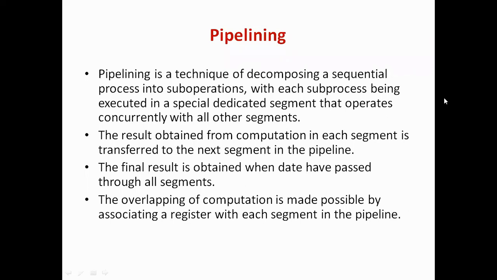So if I have a process, we decompose it into parts, and there are many segments in the system. So one segment is processing something, the other segment is not idle, it is also processing another thing, and each segment is busy with some new job, making sure that each segment becomes useful, and the processing speed also increases by this.